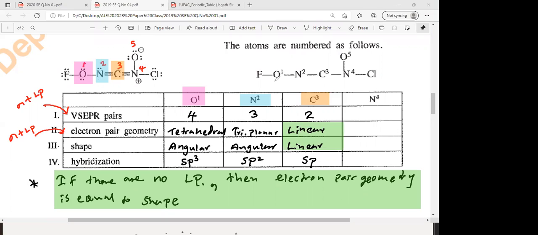Now all of you are correct, right? Yeah, very good. That is N4, no?